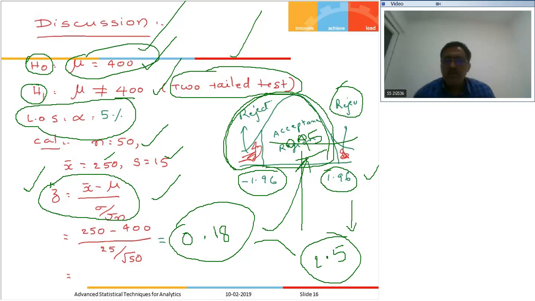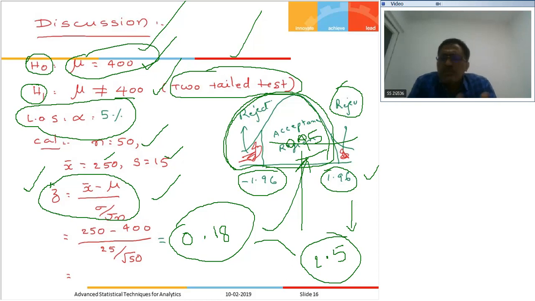Generally, whenever we do this exercise of testing of hypothesis, you have to define at what level you are doing it, 1%, 5%, depending on the application and the data you are working with.